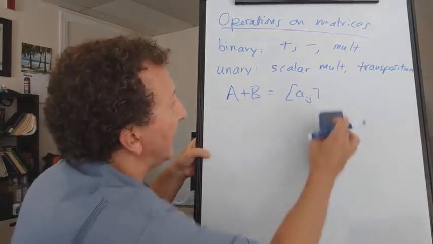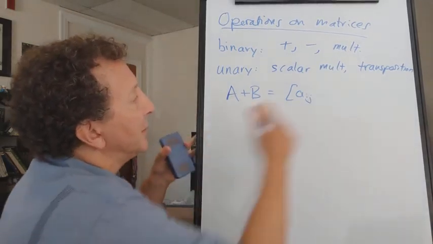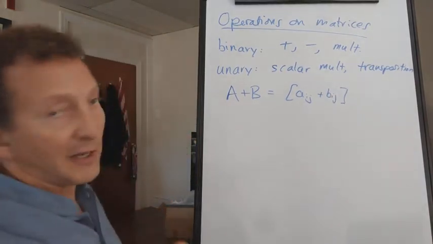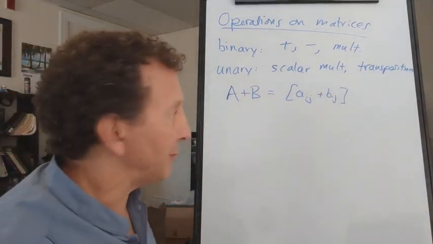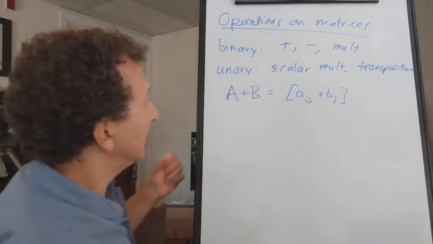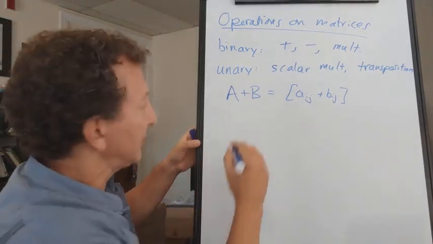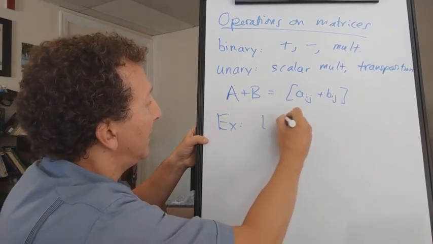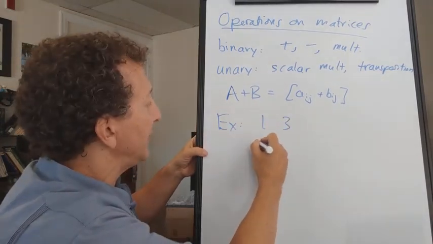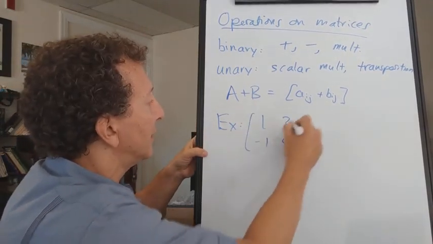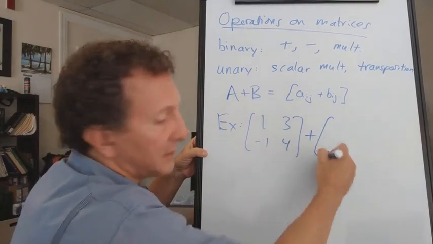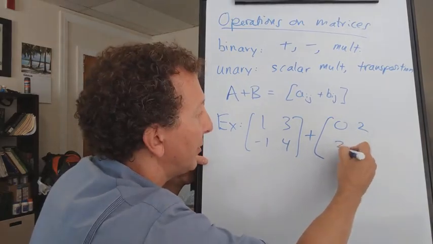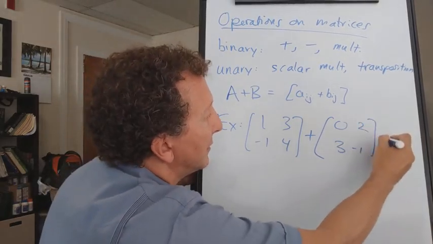So we define A plus B to be the matrix whose ij entry is the ij entry of A plus the ij entry of B, the easiest possible thing. So for example, we have [1, 3; -1, 4] plus [0, 2; 3, -1].